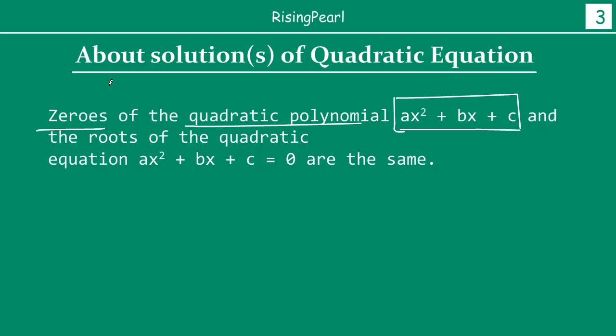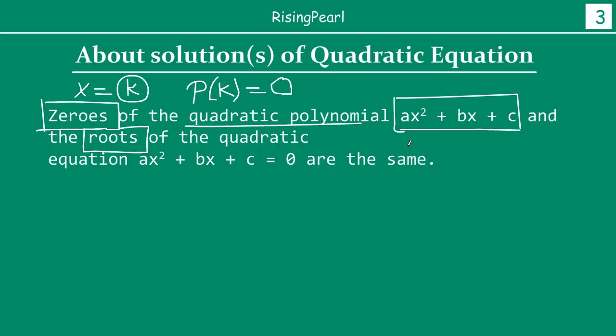So for example, if x equal to k is a zero of a polynomial p(x), it means that the value of the polynomial at k is 0, which is exactly the same thing, right? So in other words, a zero of a quadratic polynomial is the same as the root of a quadratic polynomial. They are one and the same thing.